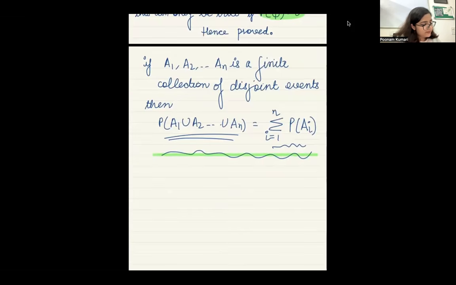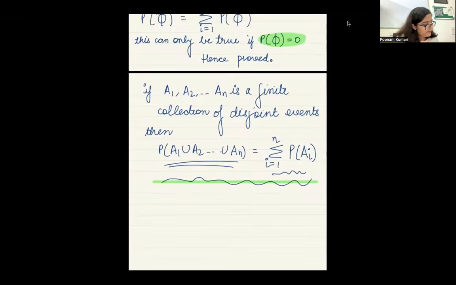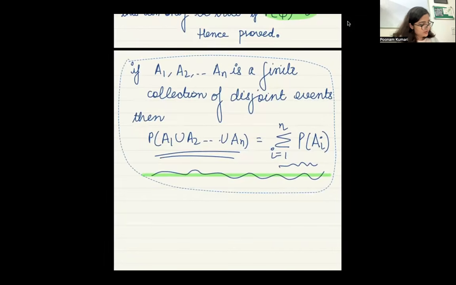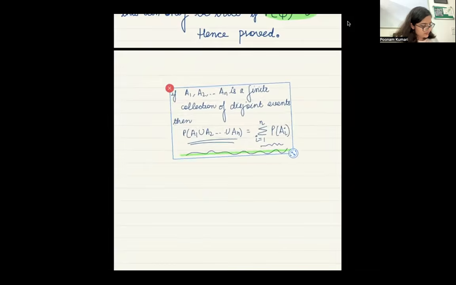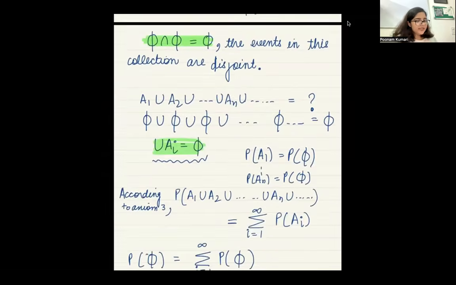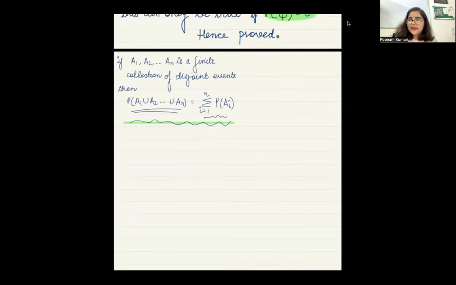So this statement is clear now, Anshika? Yes, ma'am. ठीक है. तो अब हमें क्या करना है कि भाई ये जो चीज थी axiom 3 एक्चुअली फाइनाइट कलेक्शन के लिए भी वैलिड है. ठीक है. तो क्या करेंगे?